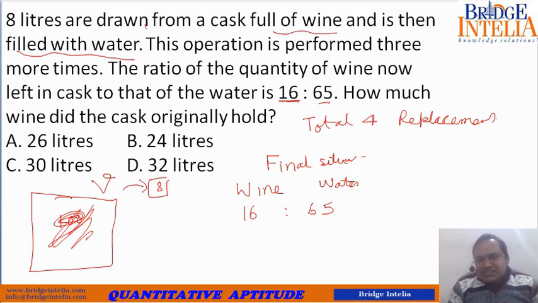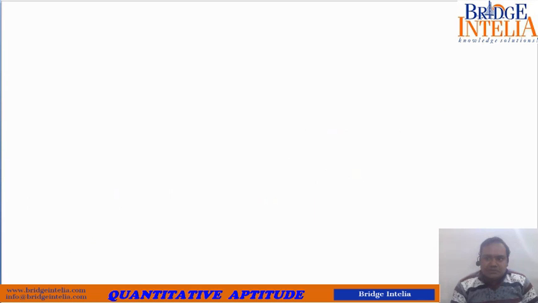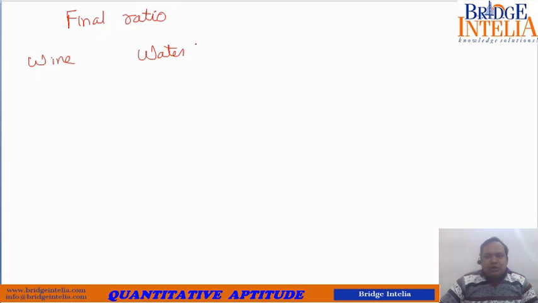Let's see the easiest way in which we can deal with these kinds of questions. Concentrate on the final ratio of these two elements, wine and water. This will be given in the question clearly. So this was given as 16 is to 65.